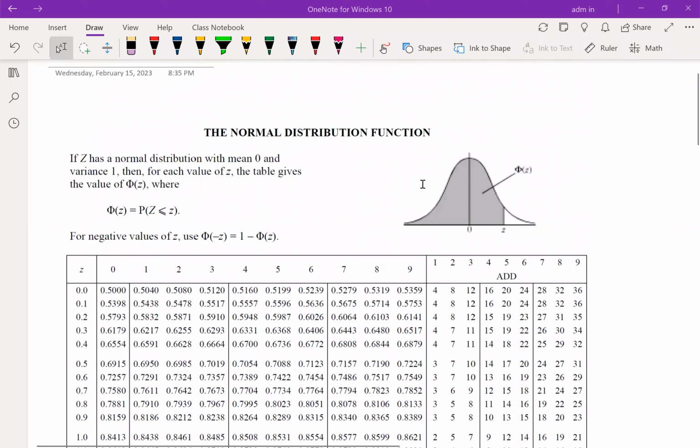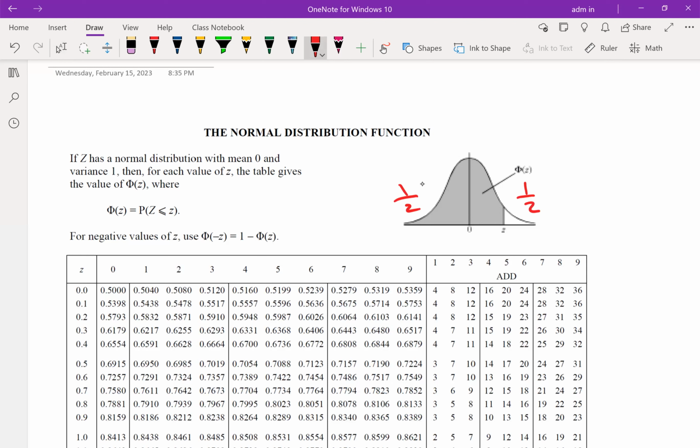The total probability for any random variable, whether discrete, binomial, geometric, or even normal distribution, is 1. So the area under the curve is 1. This is number 1. Number 2, the right-hand side from mu is the same as the left-hand side from mu, and each represents 1/2 and 1/2.